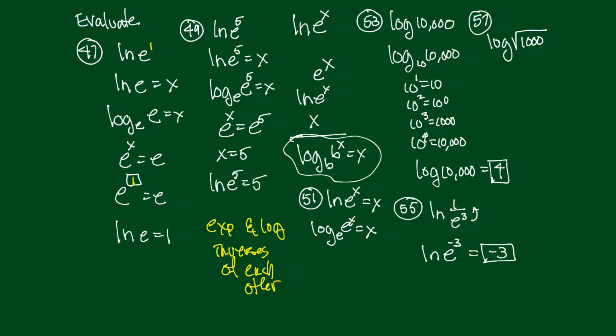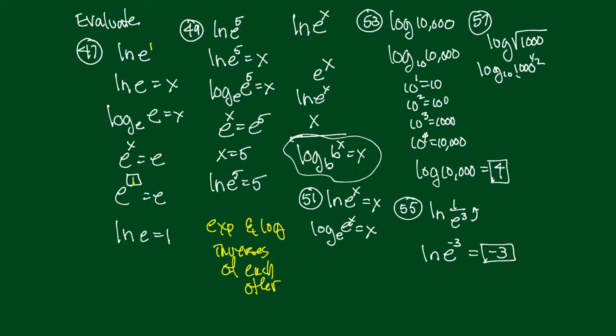Let's see what we can do with this 57. Now it's the log of the square root of 1,000. Now none of our logarithm properties have radicals in them. So let's get rid of the radical, convert it to a fractional exponent. This is going to be the log base 10, right? I might as well write it, of what? 1,000 to the 1/2. I'm going to have to get a little bit creative here.